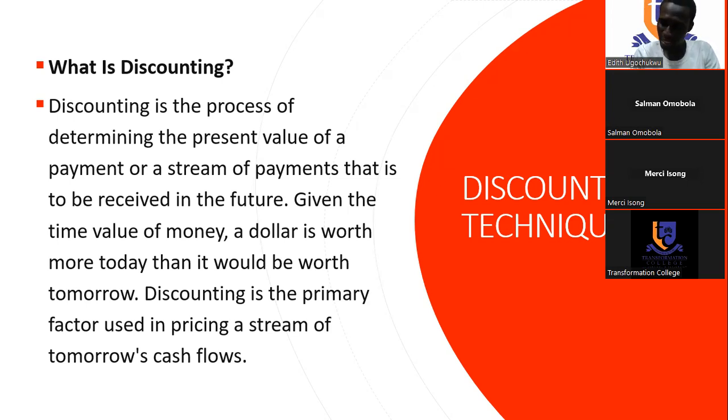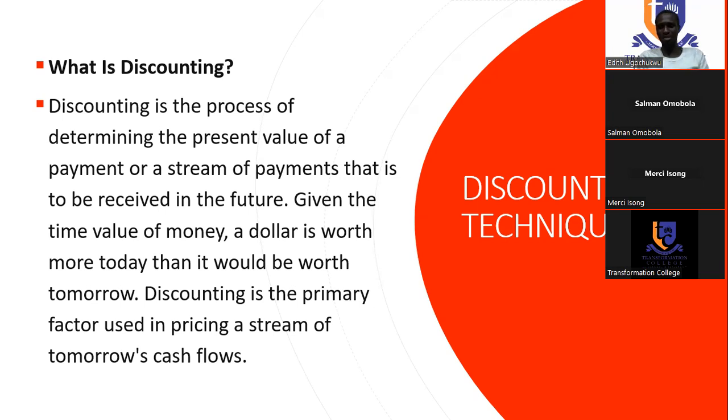Discounting means that this 200,000 we are bringing to present value. We want to know how much this 200,000, projected as a cash inflow in 5 years' time, is worth in the current year. That's discounting.